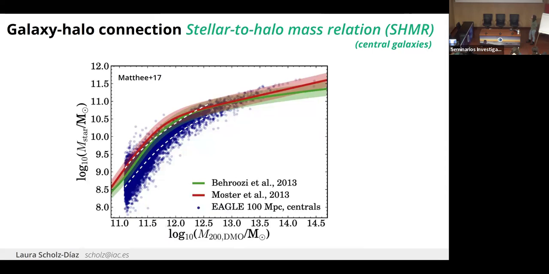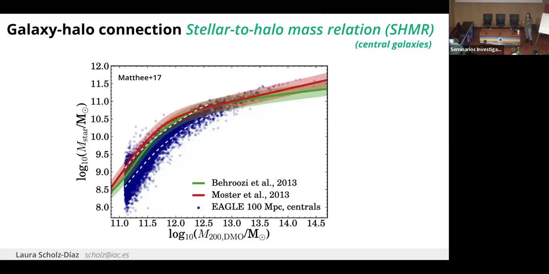In this case, we have stellar mass as a function of halo mass, and this relation has some scatter, in the sense that for a given halo mass, we can have galaxies of different masses. So in this sense, the scatter is related to the efficiency of galaxy formation for a given halo mass. But as well, we also see that for a fixed stellar mass, galaxies can be in halos of different masses.